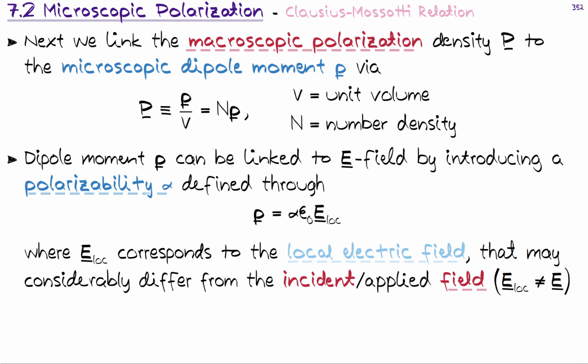Incidentally, the same physics happens also in nanoparticles, metamaterials, and nanoscale optics. So many times in research and in applications, we consciously want to modify this local field. We may, for example, want to increase the local field so that we can enhance the incident field.